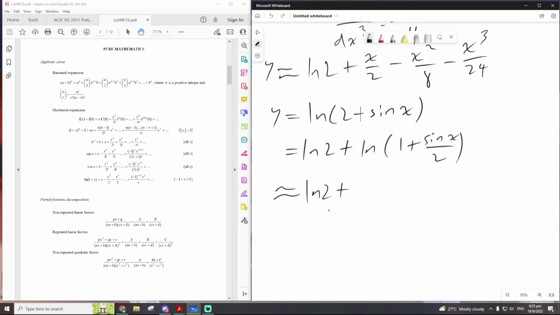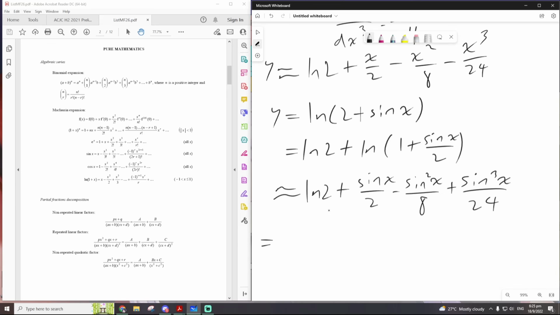So we need to get sine x over 2 minus sine squared x over 8, because it's sine squared x over 4 divided by 2, plus sine cubed x divided by 24.